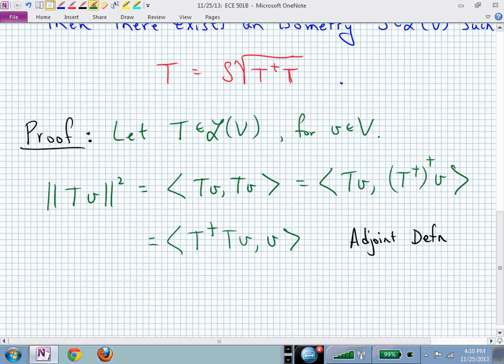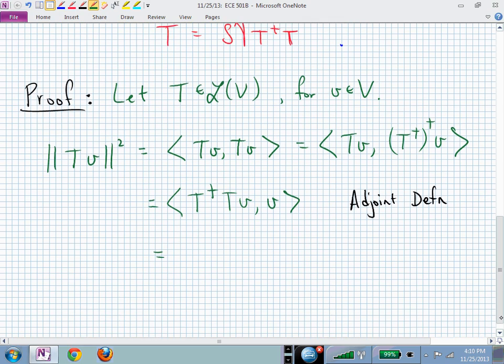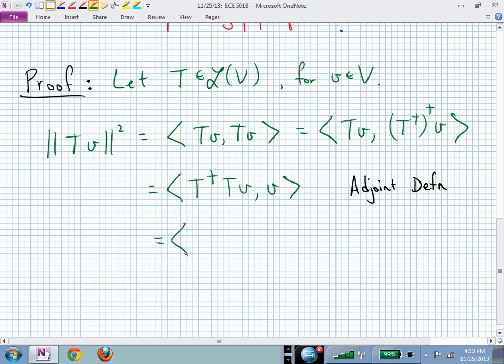Now that I have this operator, T adjoint T, I know that that's a positive operator. And anytime I have a positive operator, I can find its positive square root and form the product of that positive square root with itself to obtain T adjoint T. So now I'm going to just rewrite that T adjoint T as the positive square root of T adjoint T with itself.